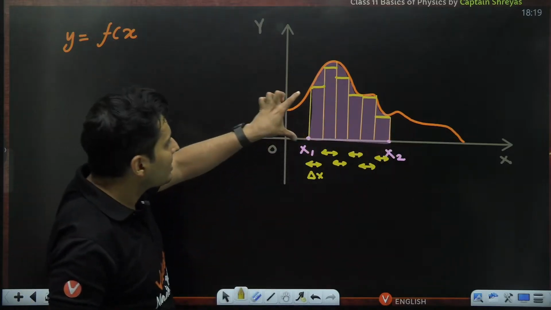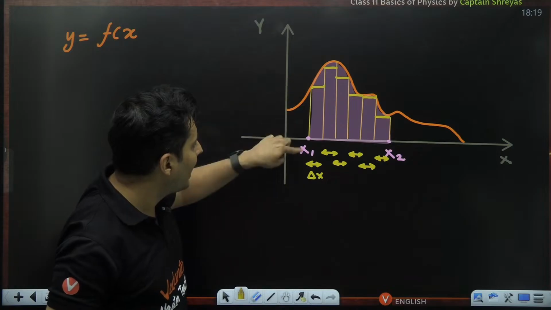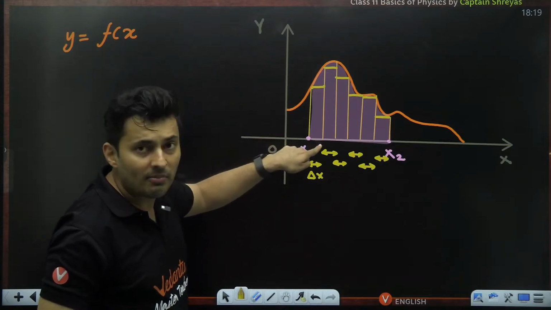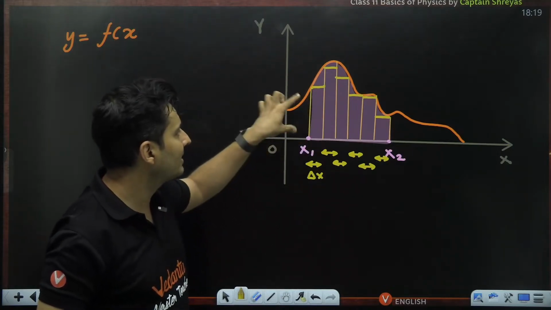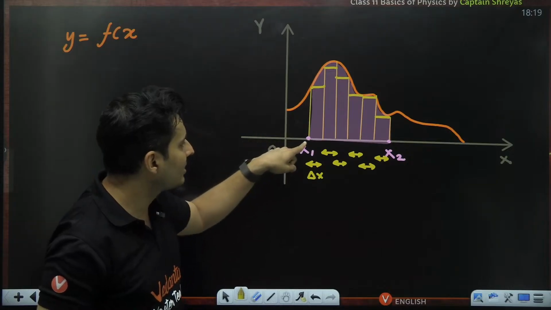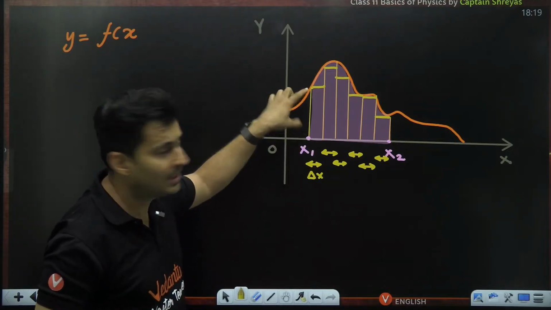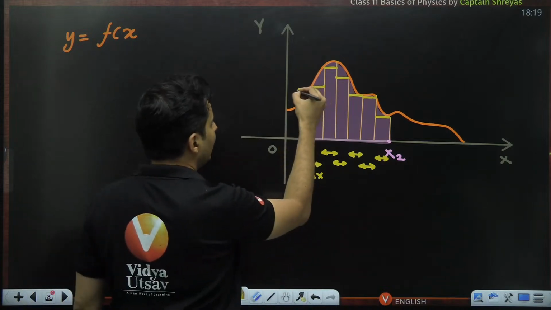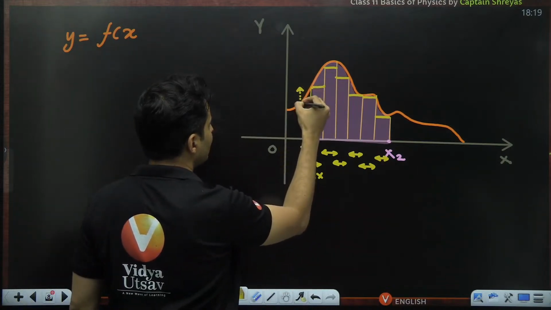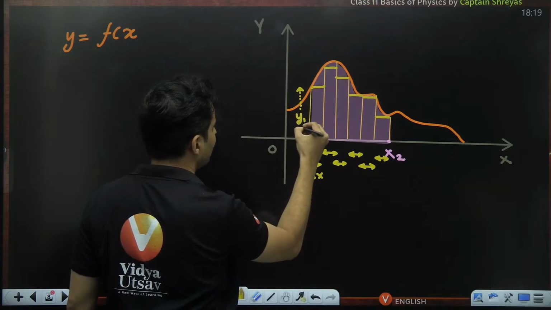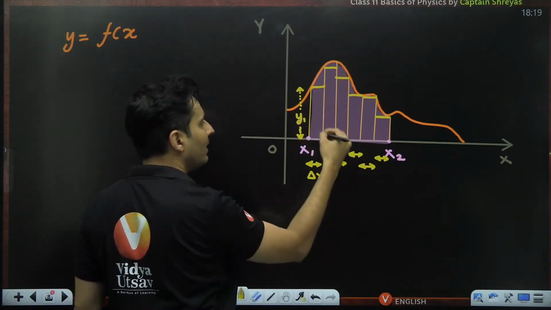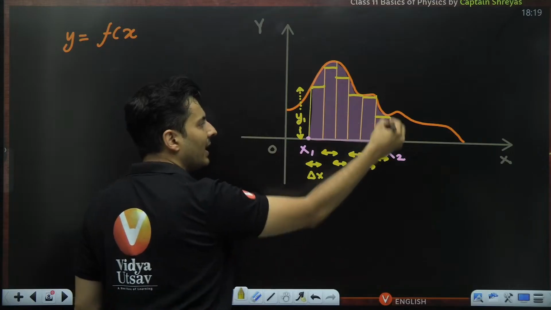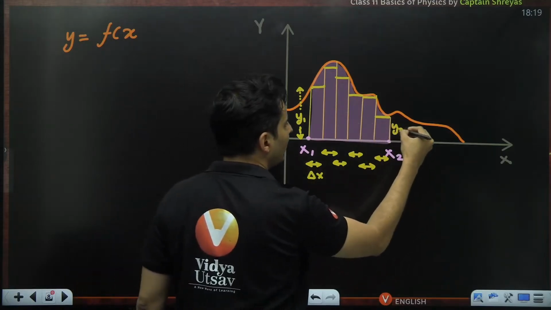Their heights will be the values of y at x1, x1 plus delta x, x1 plus 2 delta x, like that. So at x equal to x1, this is the height of that rectangle. Let's say this is y1, then you will have some other y, and finally you will have y2 over here.